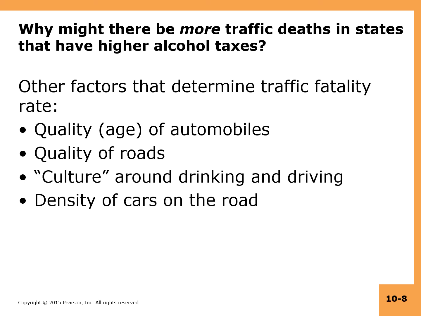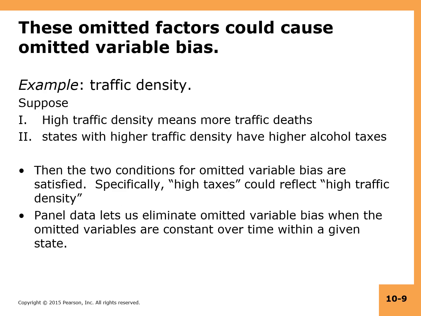So for instance, some states may be more open to the idea of drinking and driving compared to other states which are strictly against it. And then lastly, how many cars there are on the road, how busy the road is, can also impact how high the traffic fatality rate is. So some of these omitted factors may lead to omitted variable bias.